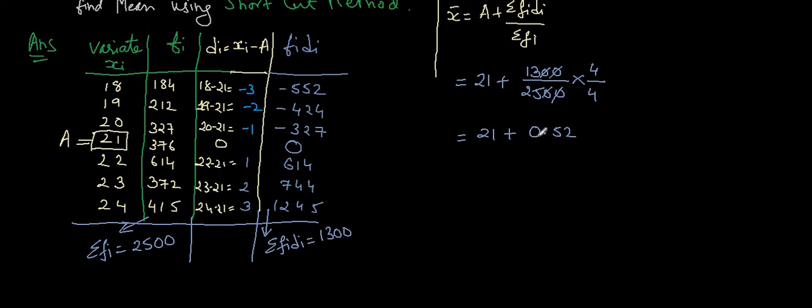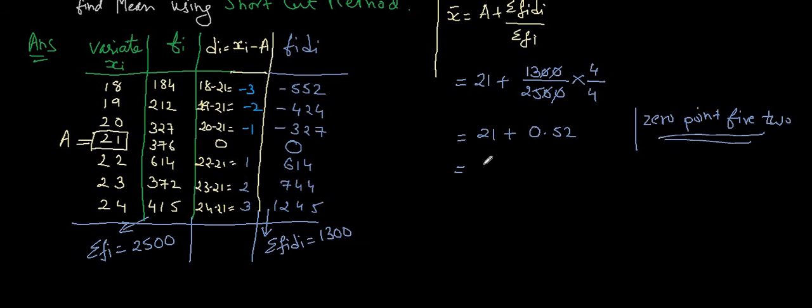So my answer is 0.52, not 52; it is read as 0.52. So please be careful while reading it. By calculating 13 upon 25 we get 0.52.